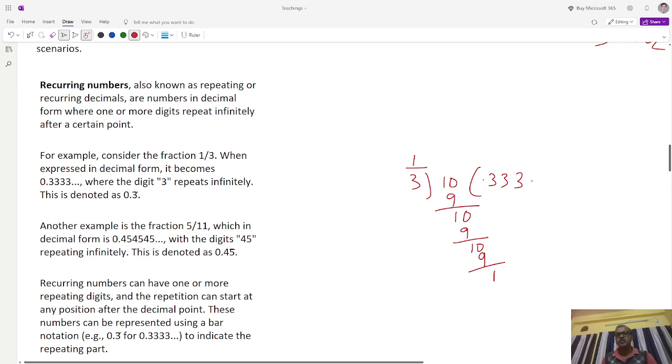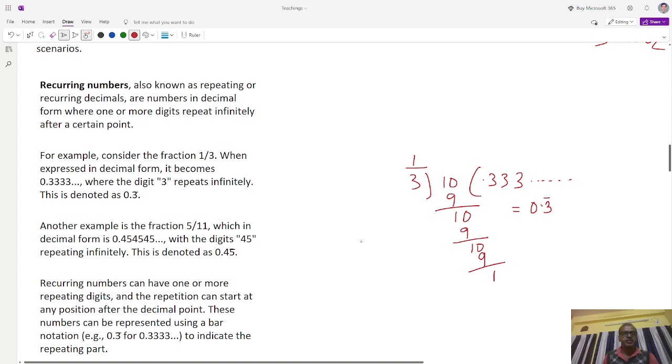So it will be continued and it may be written as 0.3 bar. The 3 is repeating here after the decimal point. The digit 3 repeats infinitely. This is denoted as 0.3 bar.